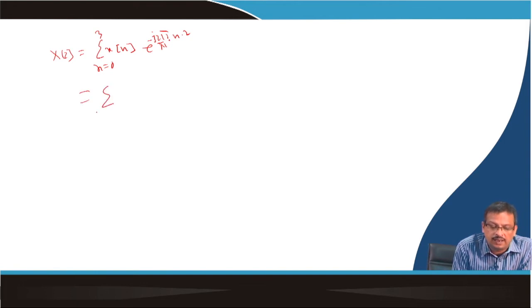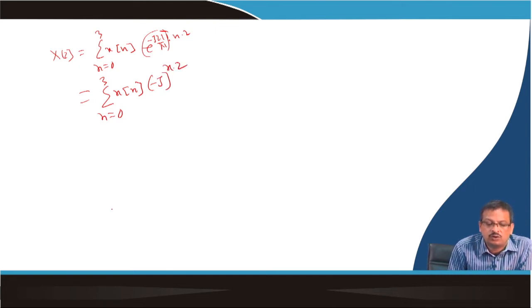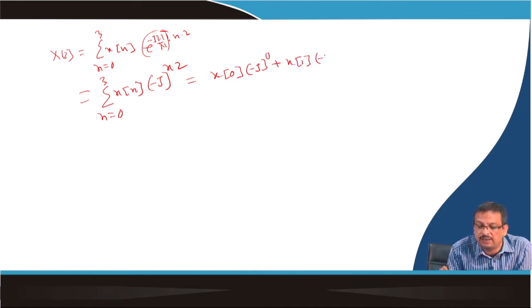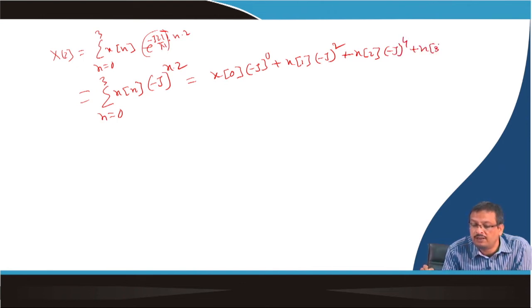So this is the sum over n equal to 0 to 3 of x of n into minus j to the power n into 2. So this is x of 0 into minus j to the power 0, plus x of 1 into minus j to the power 2, plus x of 2 into minus j to the power 4, plus x of 3 into minus j to the power 6.